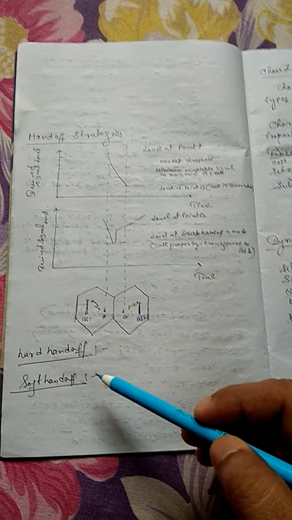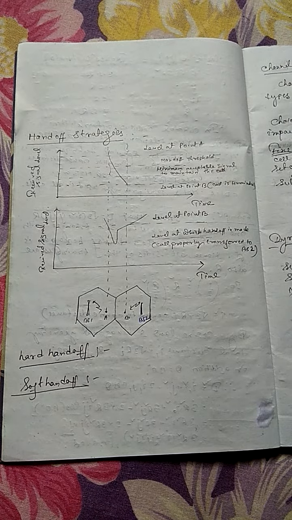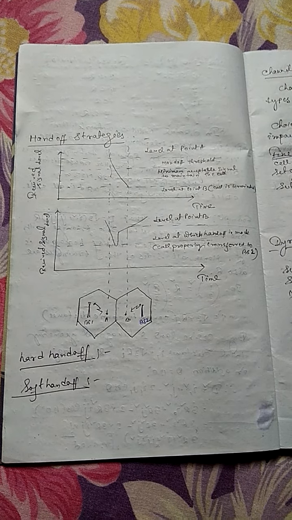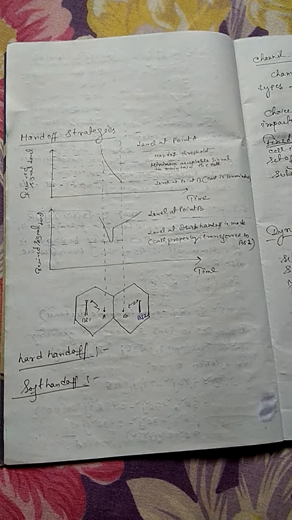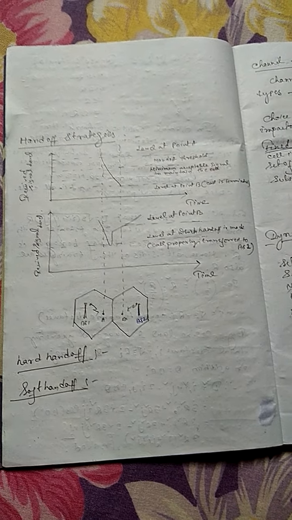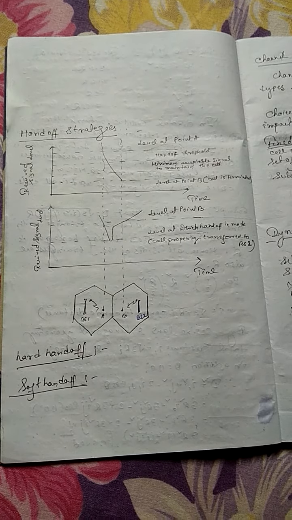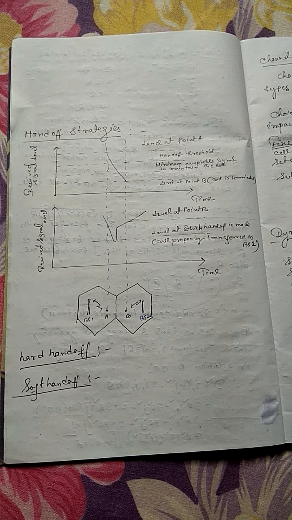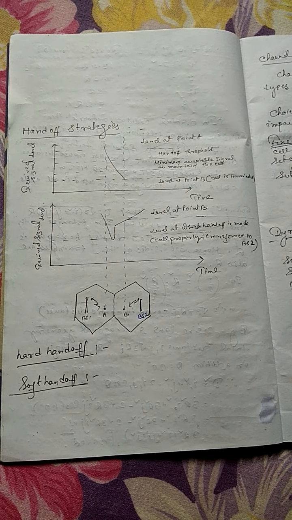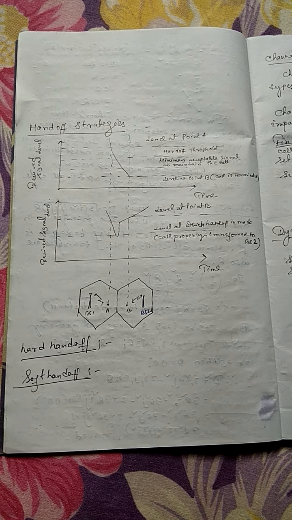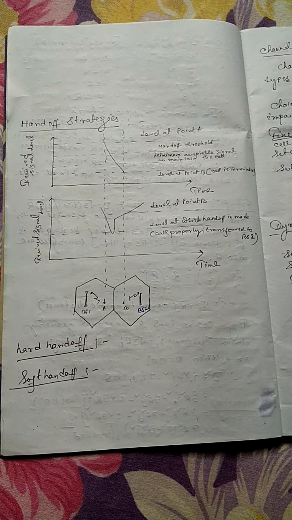Always remember that soft handoff strategies are used in the case of CDMA, but now we are considering the GSM system, that is the Global System for Mobile communication. In the GSM system we follow the hard handoff strategies. So what is the definition of hard handoff?